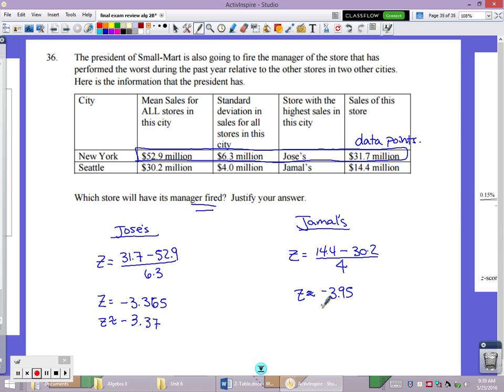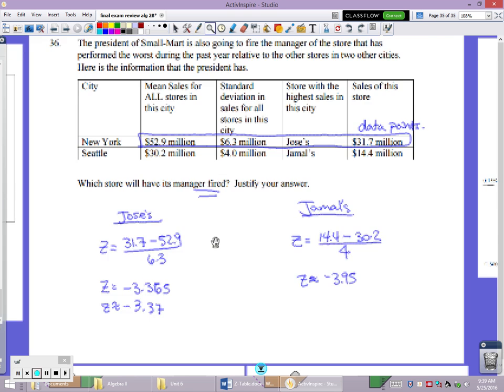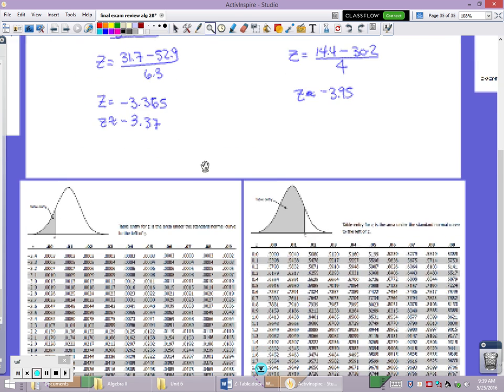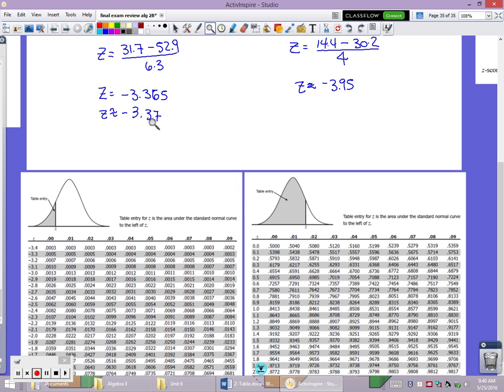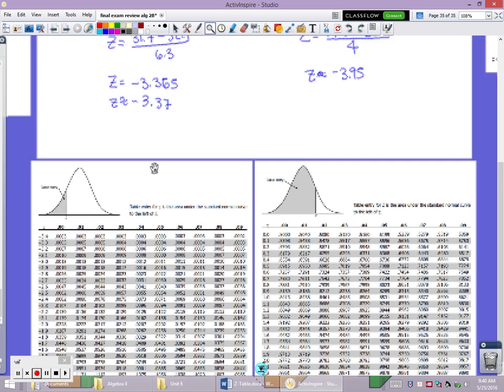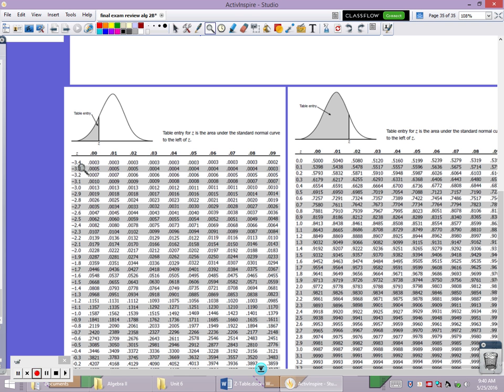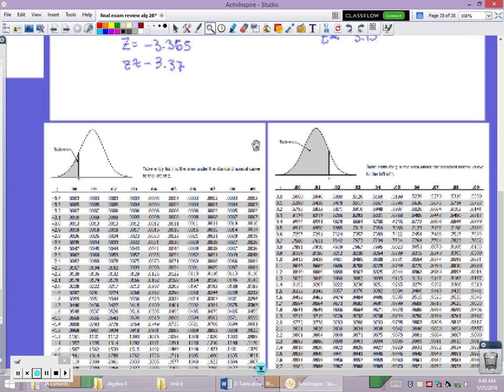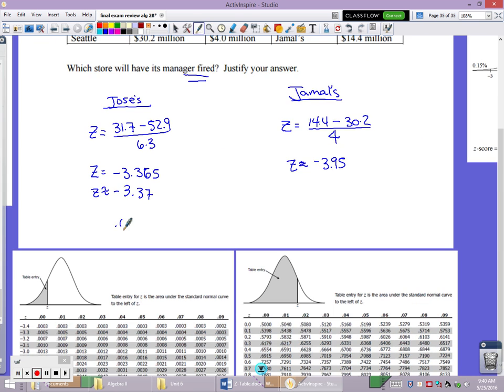Wow. If I wanted to go and get some percents, negative 3.37 is right here, 0.0004. So that is not even 1%. So almost everybody is doing better than this store.